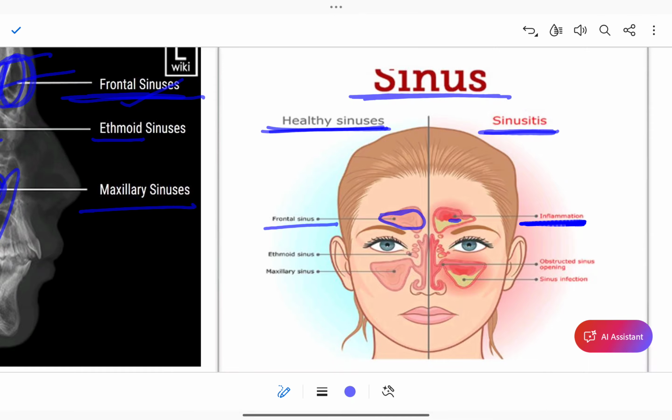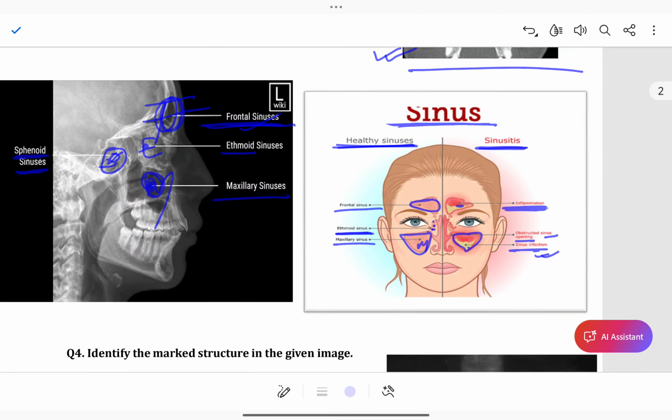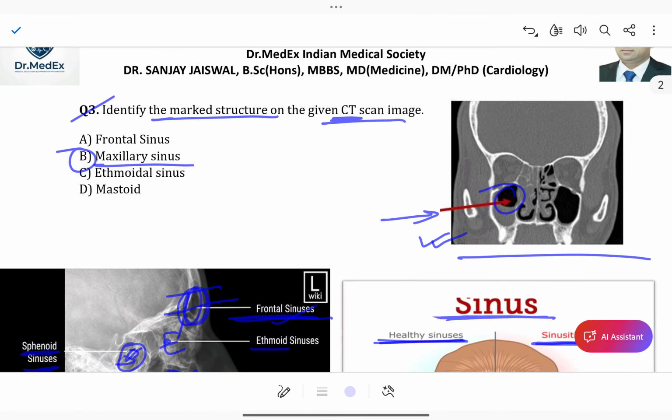That is sinusitis. This part is the ethmoid sinus. This is in the maxillary area, the maxillary sinus, and here there is an obstructed sinus opening. The sinus opening is obstructed, and that is why there is a sinus infection. So we now have some information about the sinuses.